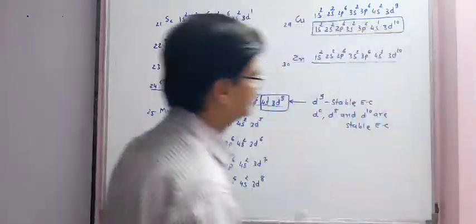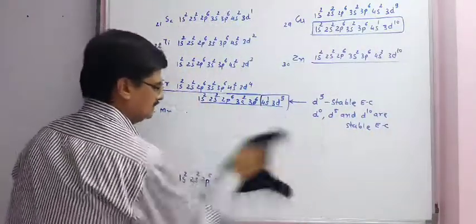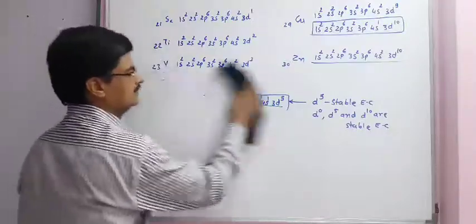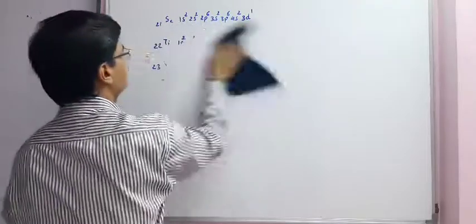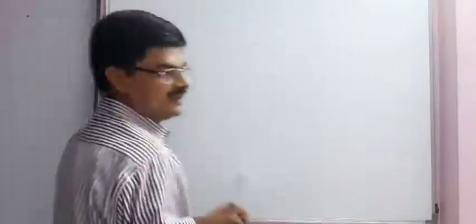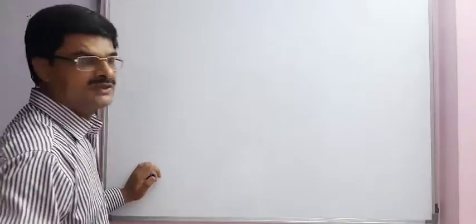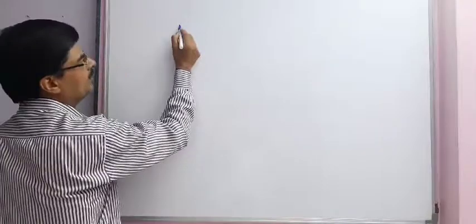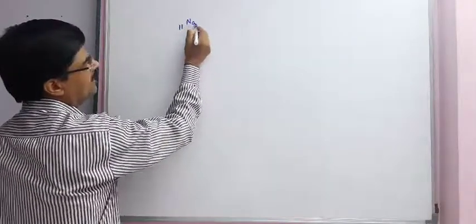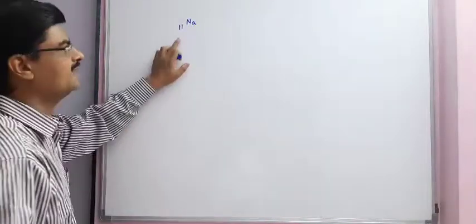Now with this electronic configuration, we must remember few terms related to electronic configuration. Taking example of sodium, atomic number is 11.